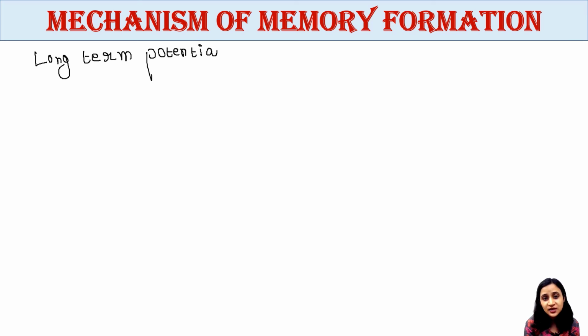Now, the mechanism of memory formation. How does this memory form in our brain? Memory forms by a process of long-term potentiation or LTP. LTP is a process by which synaptic connections between neurons become stronger.